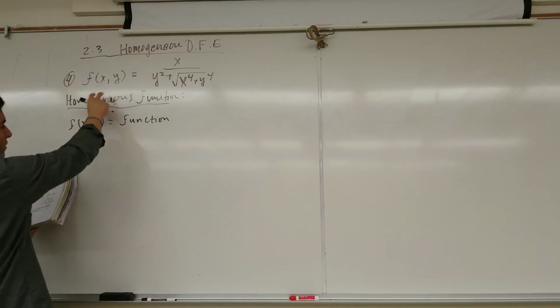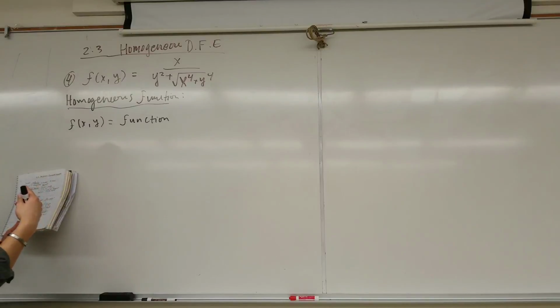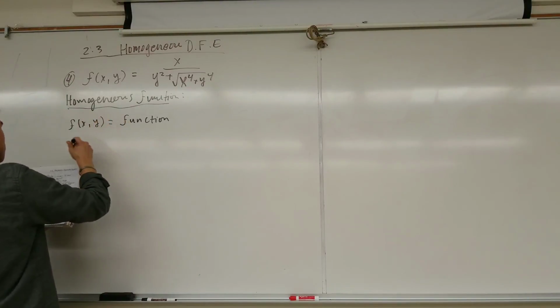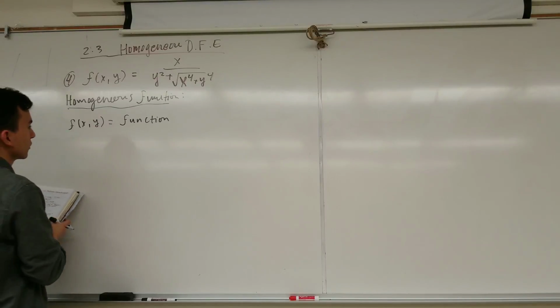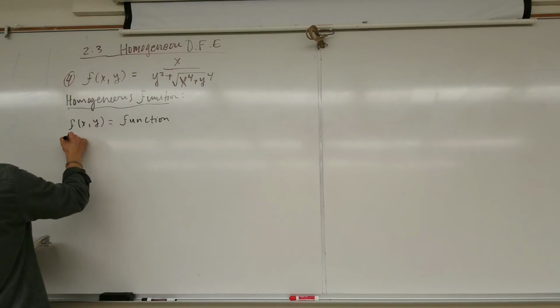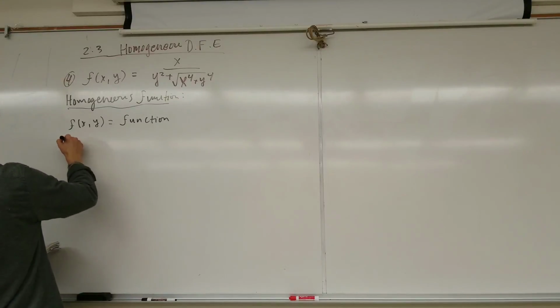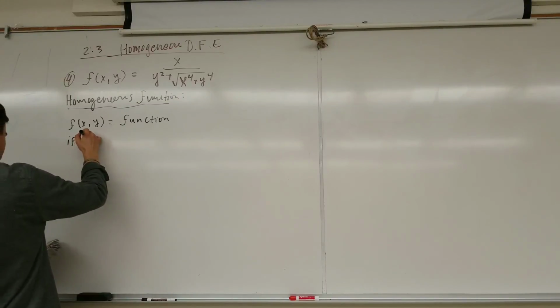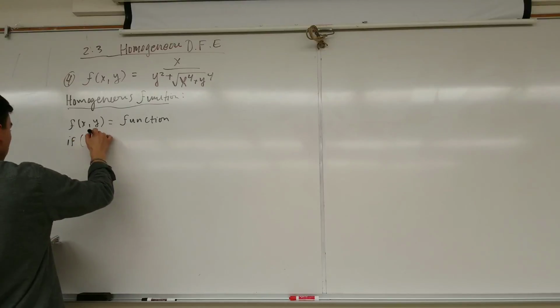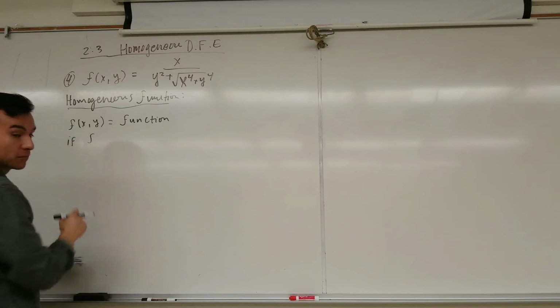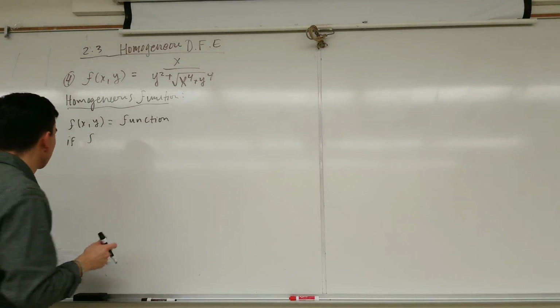So if I said that up here, you're probably like, what the heck, what does f of x, y mean? Well, f of x, y is just equal to a function, and basically the process we're going to be doing is that I'm going to write it down and then explain.